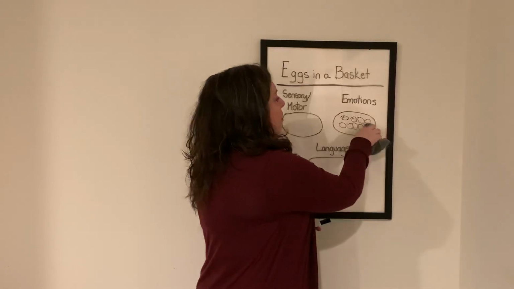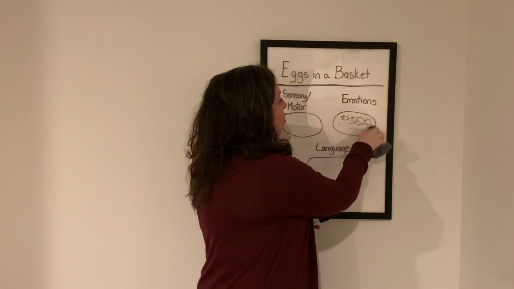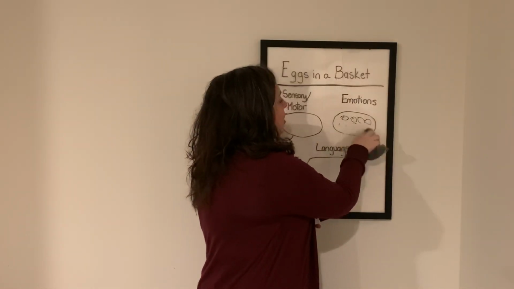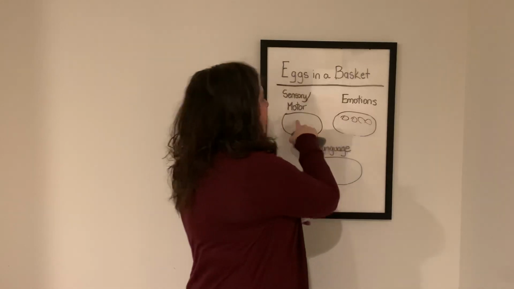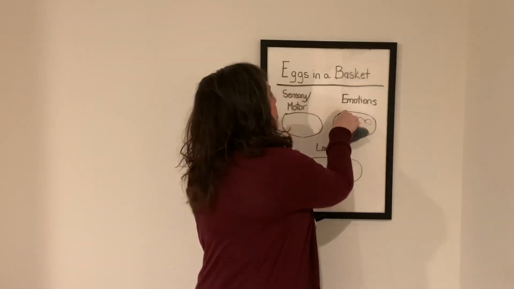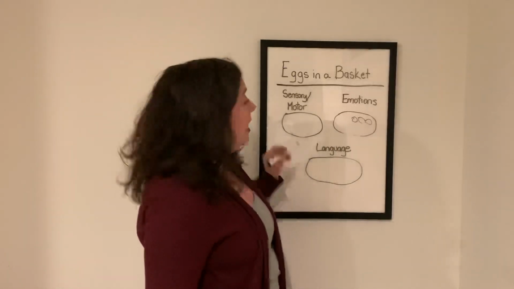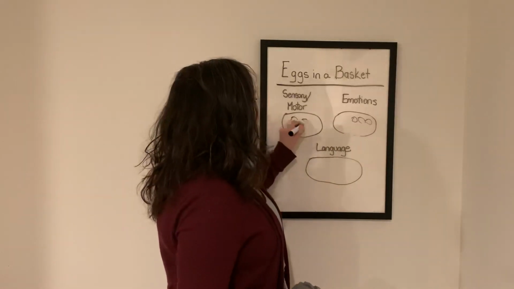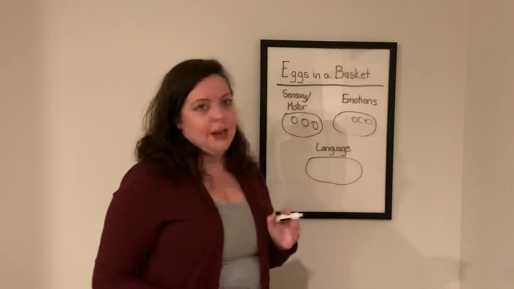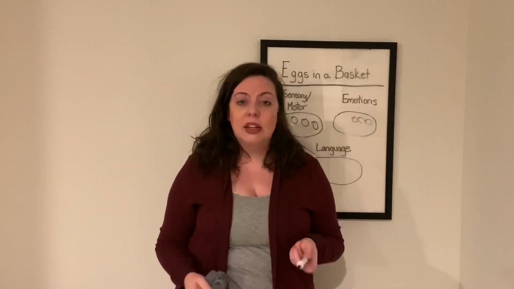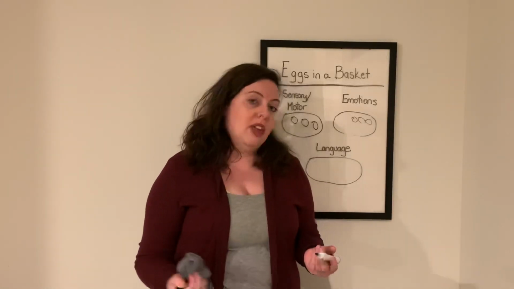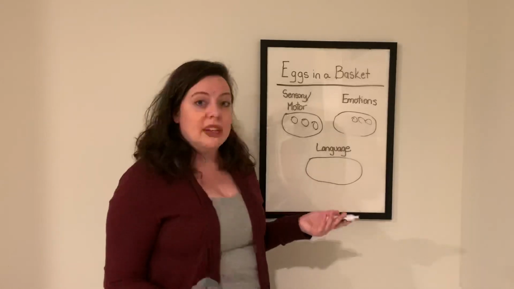So let's say one way that your child calms down is in the sensory motor way. So you can give them some deep pressure, right? And put some of those eggs back in the sensory motor basket. And in addition, you can also give them some verbal choices.